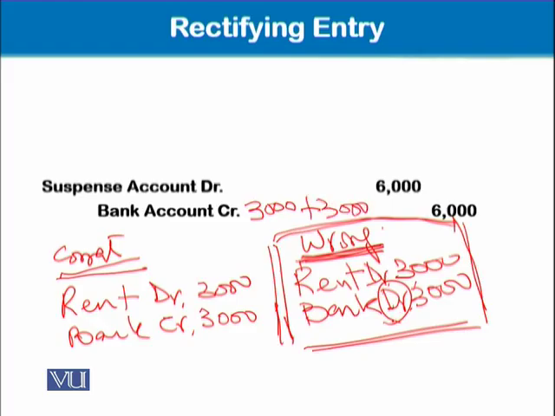Because one 3,000 will cancel this effect and the second 3,000 will give the original effect of credit to the bank account. That's why in the rectifying entry, bank account will be credited with 6,000, and when we are done with the rectification, the balancing effect is given to the suspense account, and that is 6,000 in the debit.